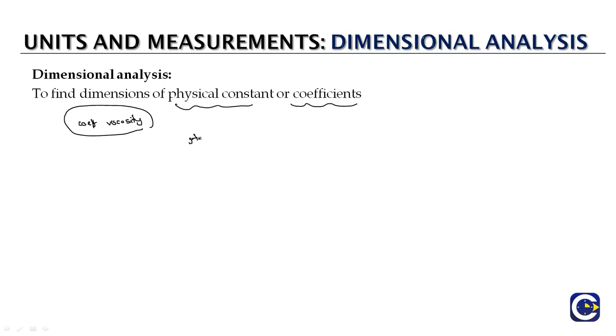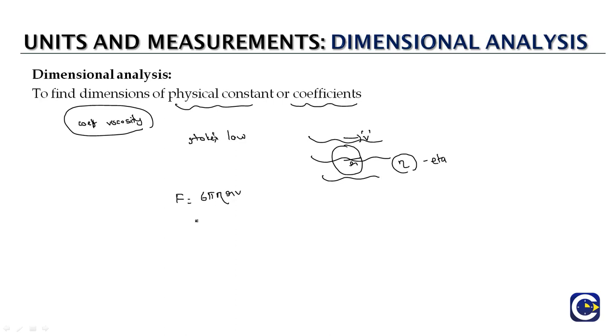We have a formula called Stokes law. If you have a spherical object of radius r moving with a velocity v in a fluid, where the coefficient of viscosity of the fluid is given by the symbol eta, then the Stokes law says the viscous force acting on the sphere is equal to 6 pi eta r v.